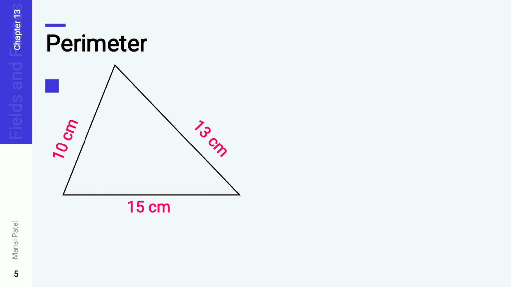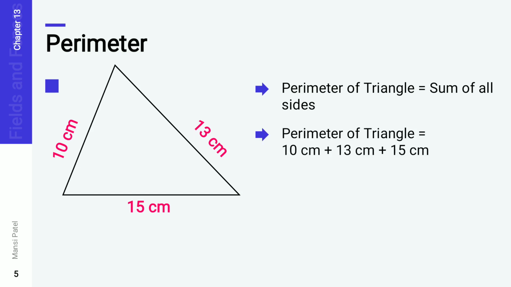Now, what is the formula to find out the perimeter of a triangle? So we can say that the perimeter of a triangle is equal to the sum of all sides. Now, all sides means how many sides are there? There are three sides. So the perimeter of the triangle is equal to, first you write down 10 centimeter, then you have to just move clockwise.